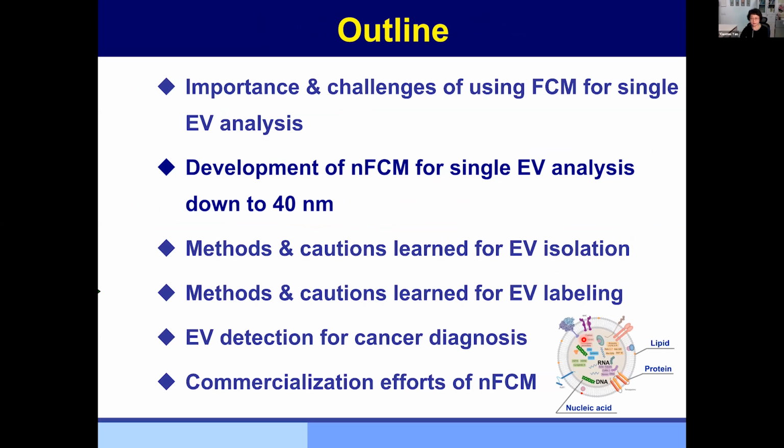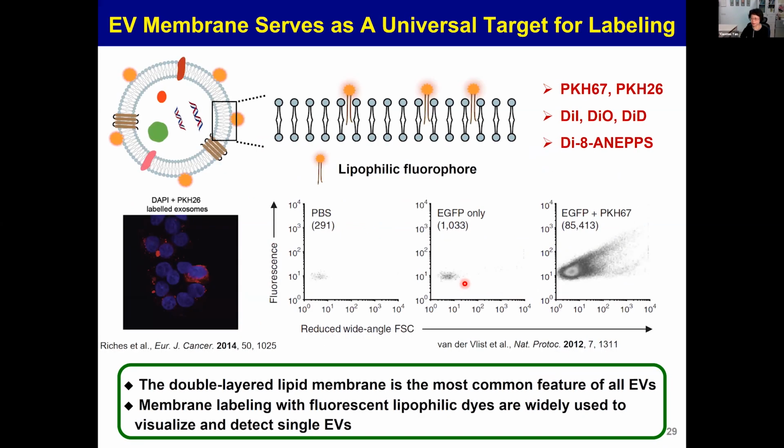Okay, what about EV labeling? Because there are no generic protein markers for EVs, a more general approach is to use a lipophilic fluorophore to incorporate into the EV membrane to label the EVs, for either tracking using fluorescence microscopy or EV detection by flow cytometry.